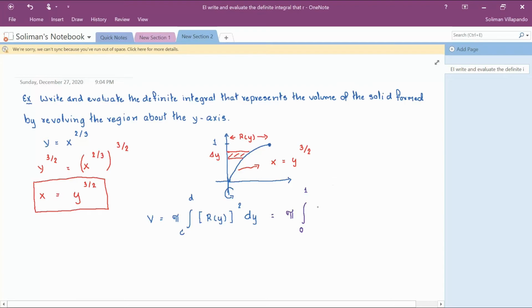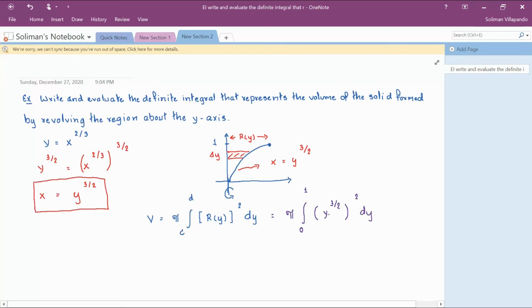I already solved my function: x is equal to y to the 3 over 2. So I'm going to put y raised to the 3 over 2 as my radius, squared, dy.